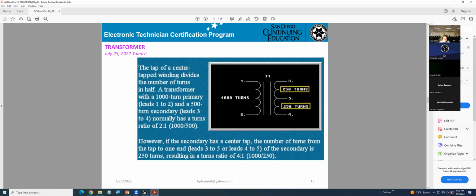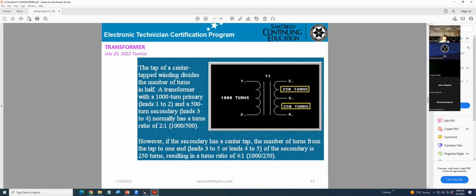The tap of a center tap winding divides the number of turns in half. A transformer with a 1,000 turn primary, lead 1 to 2, and a 500 turn secondary, 3 to 4, normally has a turn ratio of 2 to 1. Okay.